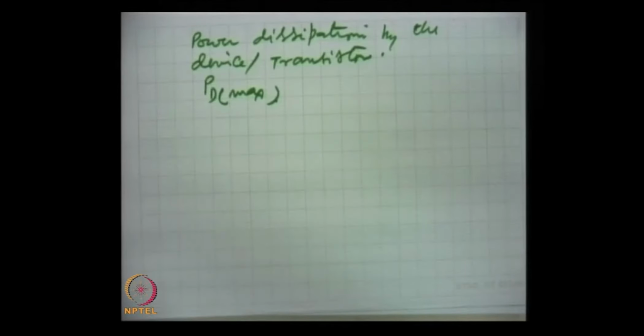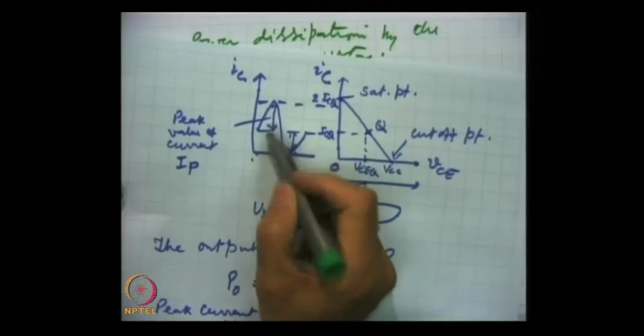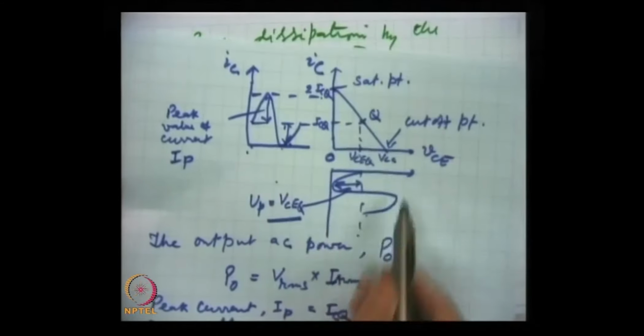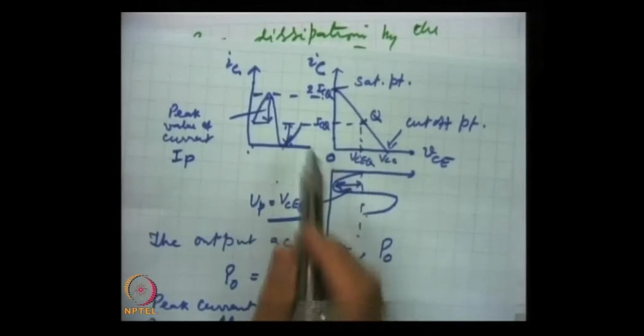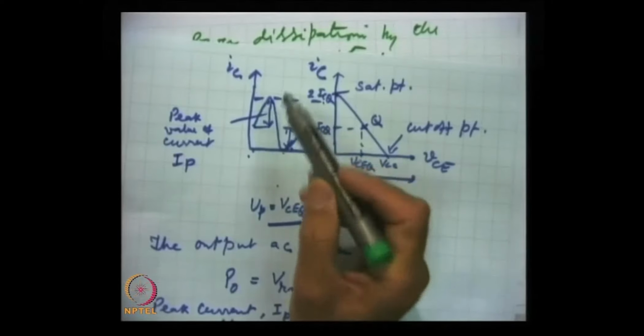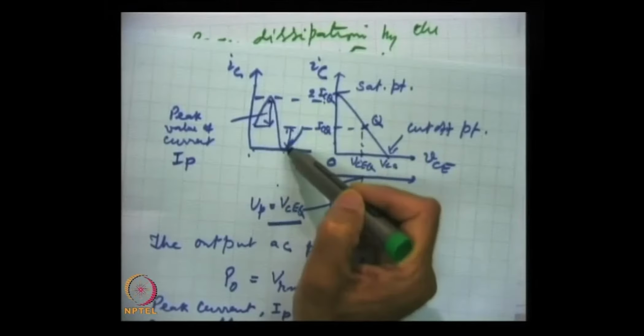Now, in the operation we have seen that actually the AC currents and voltages will vary. The current will vary from 0 to 2 ICQ, and similarly the voltage will vary. Therefore, the dissipation will keep on varying. The dissipation will be highest here and least here.